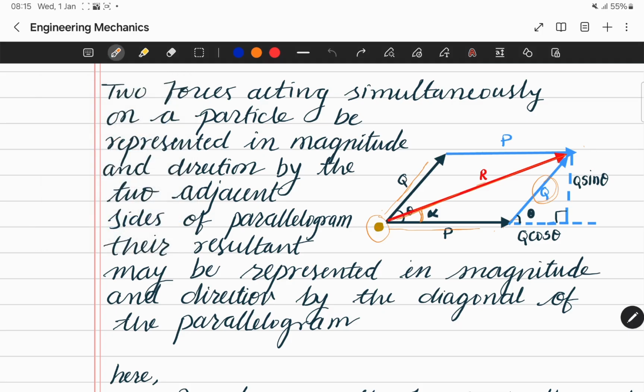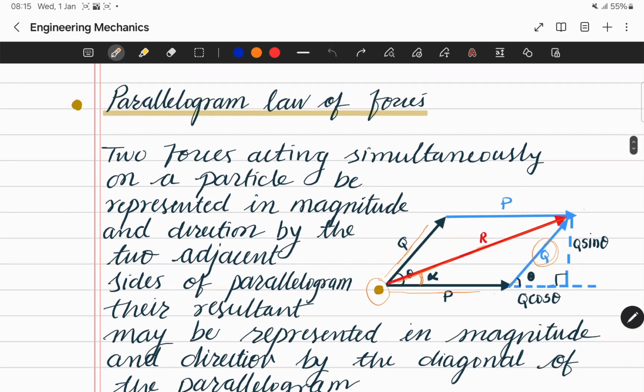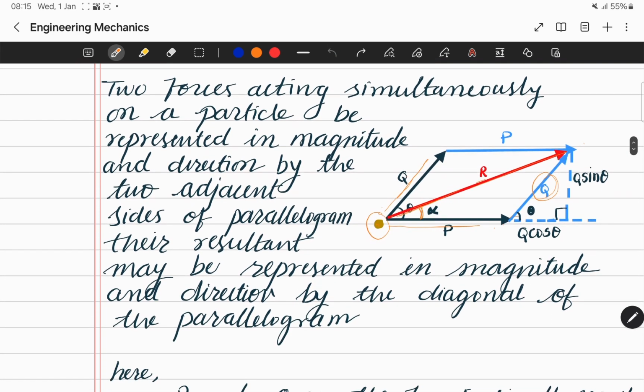Okay, if we draw its diagonal, it will represent the resultant of these two forces P and Q. And its angle alpha will give the direction of the resultant with respect to P. So this is what the law of parallelogram is saying.